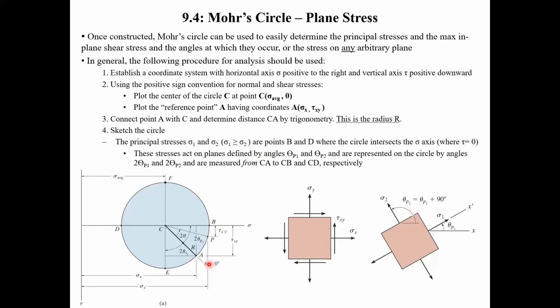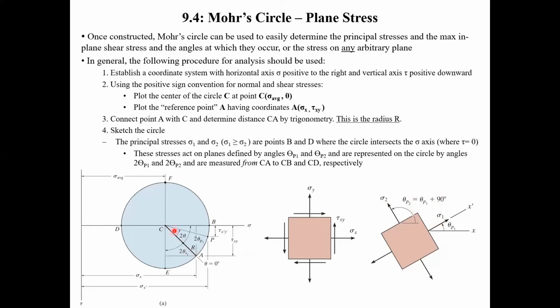And in order to find the angles on which those principal stresses act, you can just use trig functions to find the angle 2 theta p1 here. And once you know that 2 theta p1, you can just add or subtract 90 degrees from what theta p1 is. Because remember, if we're going from our sigma 1 to our sigma 2, we just have to add 90 degrees or subtract 90 degrees.